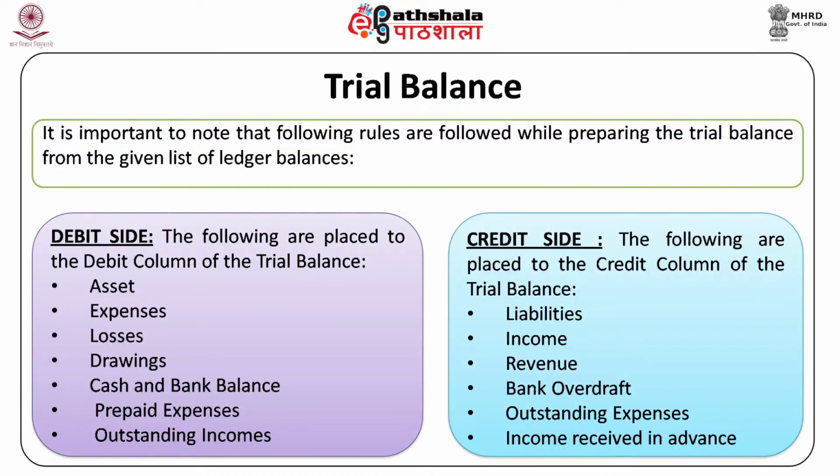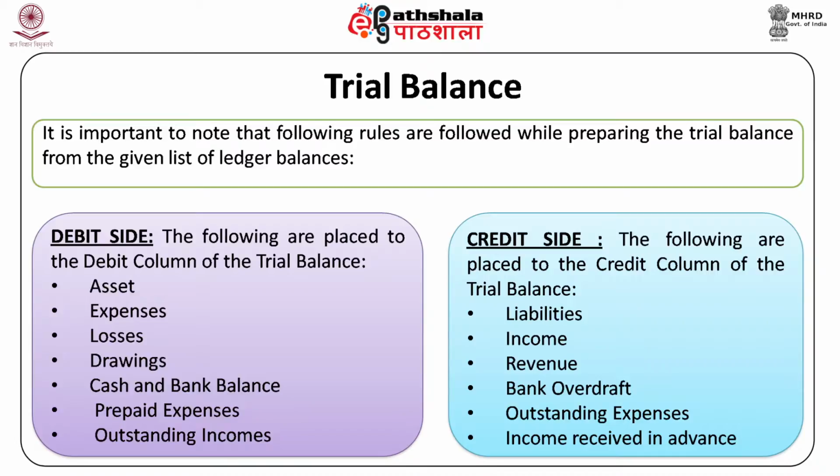It is important to note that following rules are followed while preparing the trial balance from the given list of ledger balances. 1. Debit side. The following are placed to the debit column of the trial balance: A. Asset, B. Expenses, C. Losses, D. Drawings, E. Cash and bank balance, F. Prepaid expenses, G. Outstanding incomes. 2.